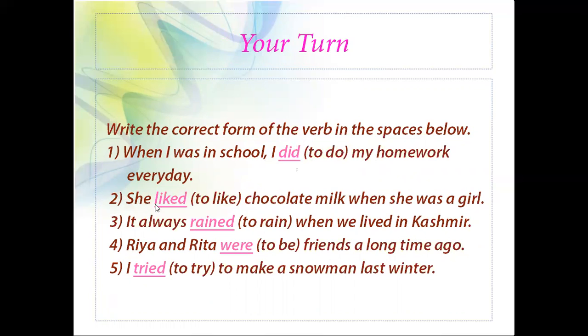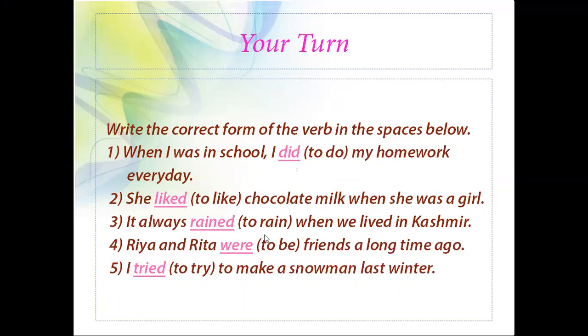So when she was in school, she did her homework every day. Then she liked to eat chocolate milk when she was a girl. So "it always rain" became "it always rained when we lived in Kashmir." Then here, Ria and Rita were friends a long time ago.